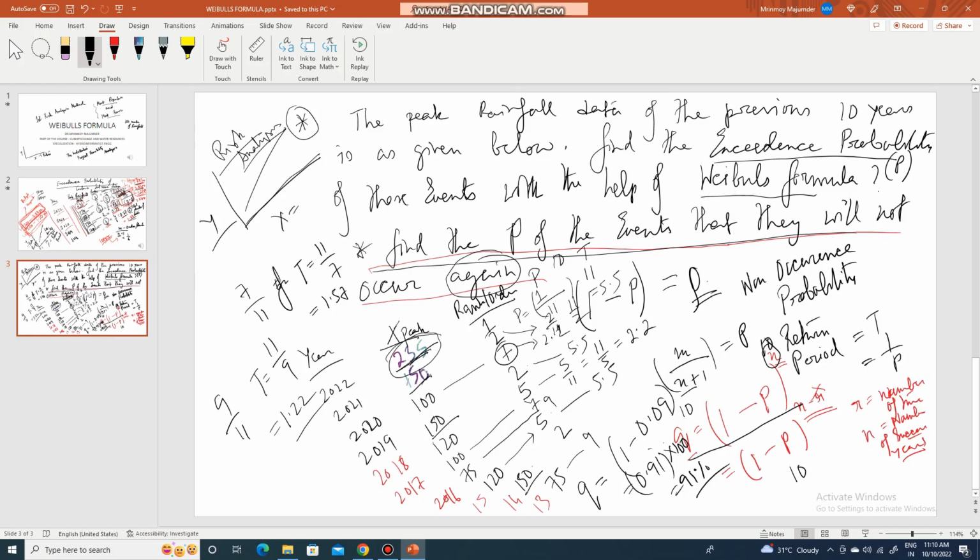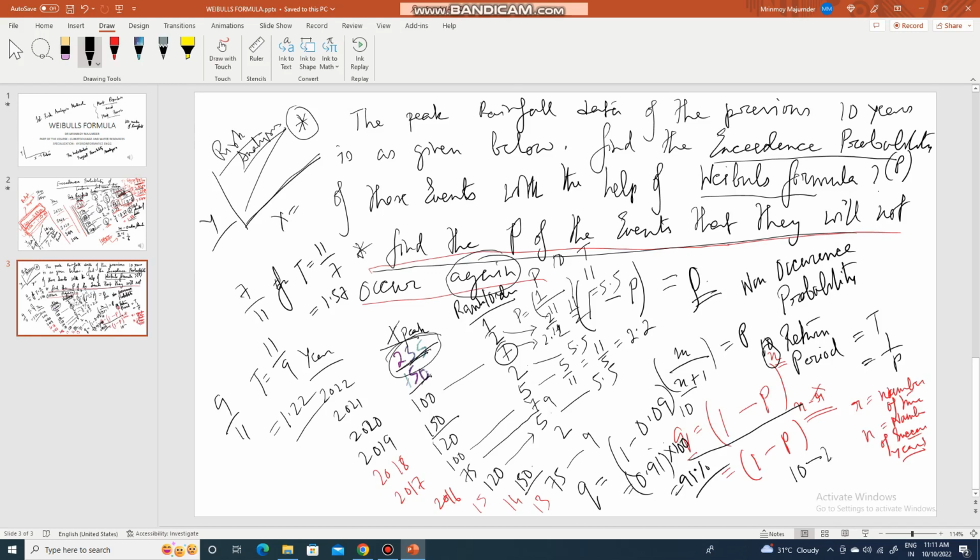So here let us calculate that. Find the probability of the events that they will not occur again in the next 10 years for 2 times or 3 times. But here I will take 2 times. That means we are trying to find the probability that this event will not occur 2 times again in the next 10 years.